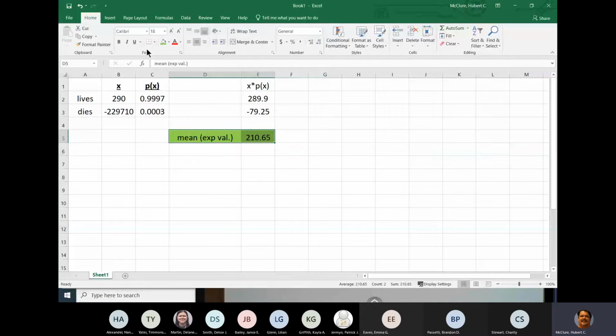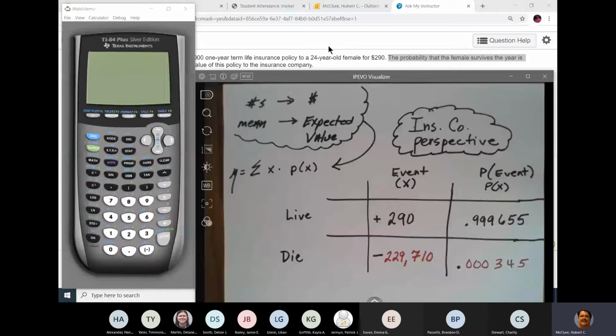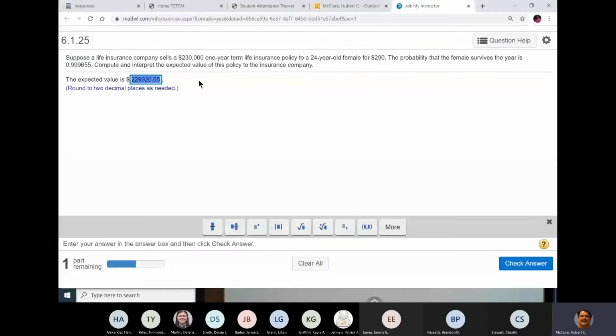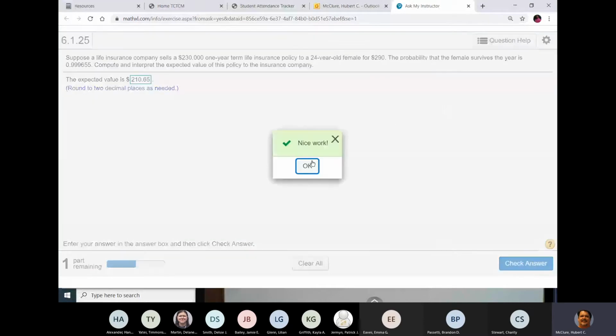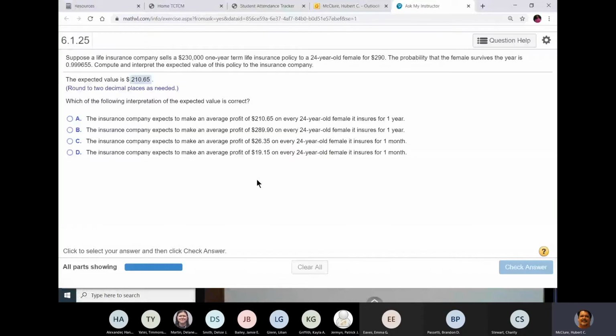And y'all feel good about yourselves? Hopefully you do. So 210.65. And you feel good about yourself. And this is an average profit of 210.